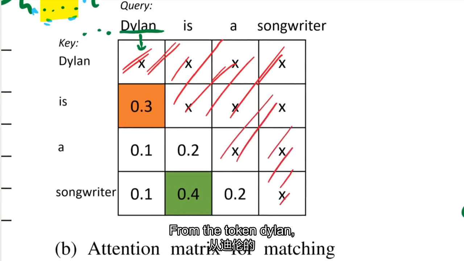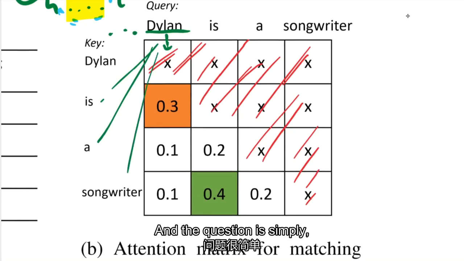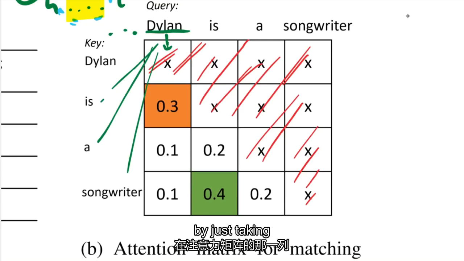So from the token Dylan, we can look at three things: is, a, or songwriter. And the question is simply, where do we go next with this algorithm, right? There's no interpretation yet. It's simply, where do we go next? And that is answered by just taking the highest scoring thing in that column of the attention matrix.